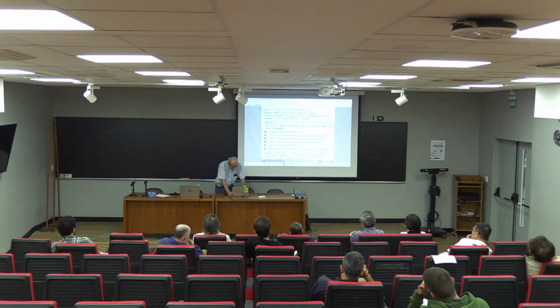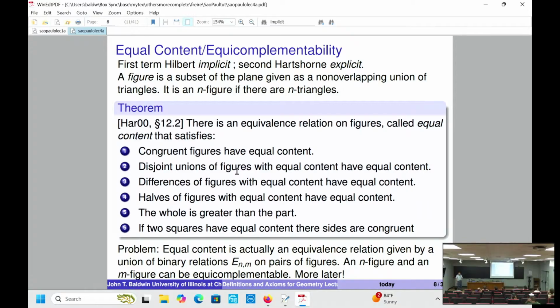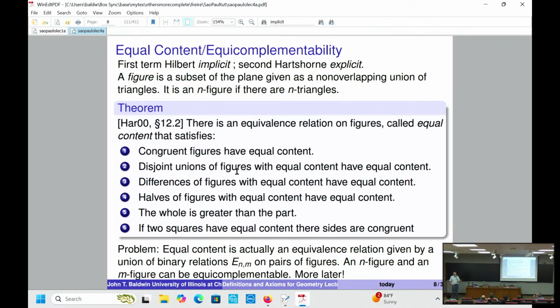You see, so I've put in here this thing about n figures, to say, oh, well, I'll fix this by having a separate rule for things that are unions of n triangles. But that isn't good enough, because certainly an n triangle figure and an m triangle figure can have equal content, if the triangles are smaller.